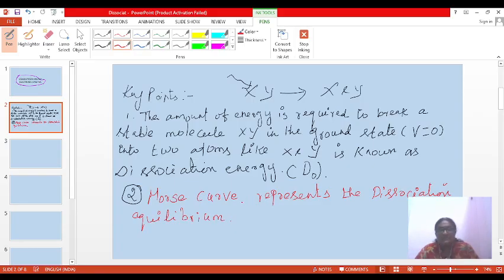The equilibrium is separated into the upper state and lower state. We are going to represent these as T0 double prime and T0 single prime.